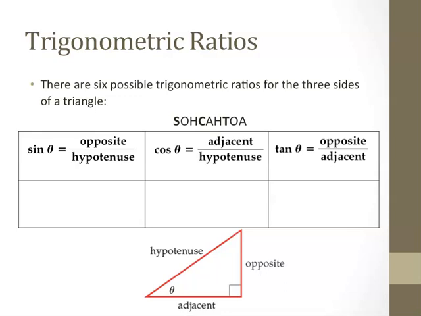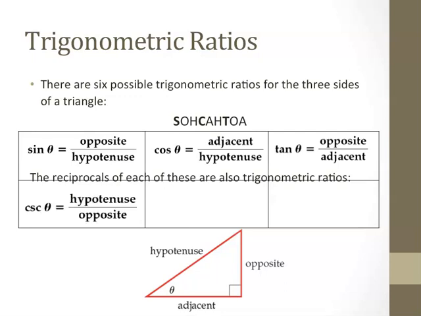Now, the 3 that are what we call the reciprocals of sine, cosine, and tangent are just really using the same sides, but just flipping them, right? That's the reciprocal. So the first one is what we call cosecant, and that's the reciprocal of sine. So that's hypotenuse over opposite. The reciprocal of cosine is secant.